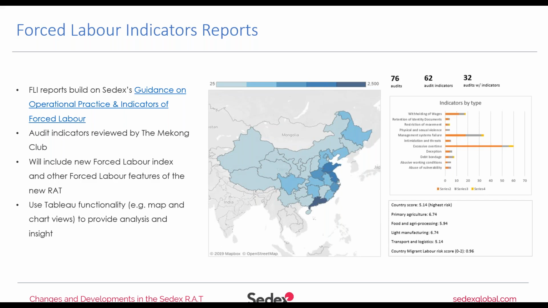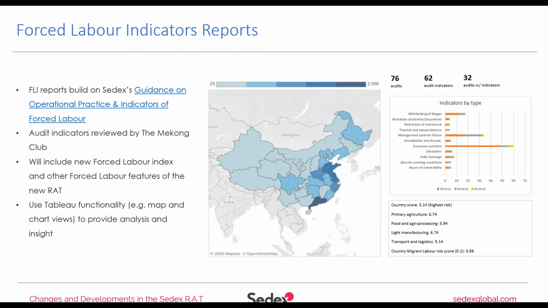What we've done as part of the review of the tool is really look at the audit issue titles that are being highlighted as indicators or possible indicators of forced labour and their associated strengths, so possible, strong or definite. Reviewing that with the Mekong Club, who are really kind of experts on this field and have done lots of similar work related to modern slavery, particularly in Southeast Asia.